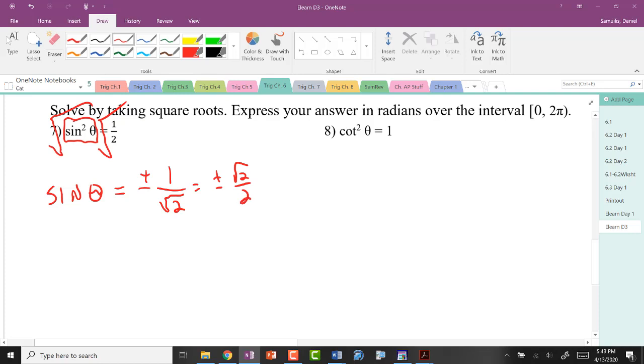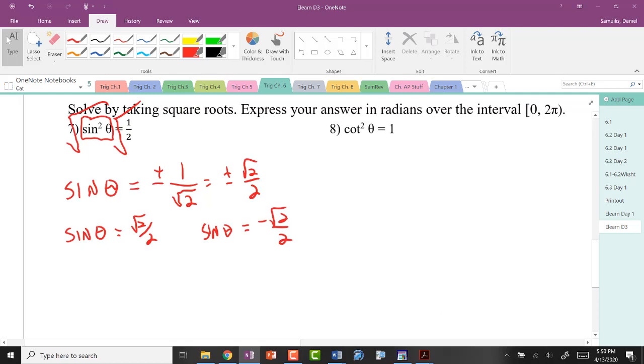The reason I put this in this section, you really do have 2 cases you have to think about, but you don't have to split this up like this. I'm just doing this so you can understand better. Sine of theta equals negative root 2 over 2. And I hope that, gosh, you know what root 2 over 2 is. We can look at the unrationalized part. This is y and this is r. It's got to be a 45.